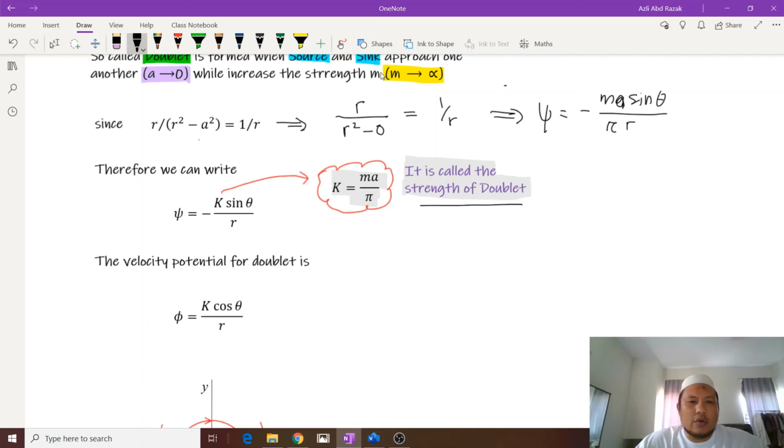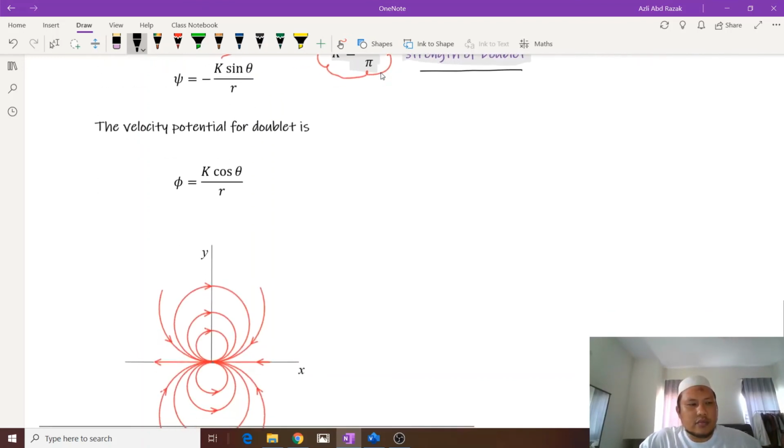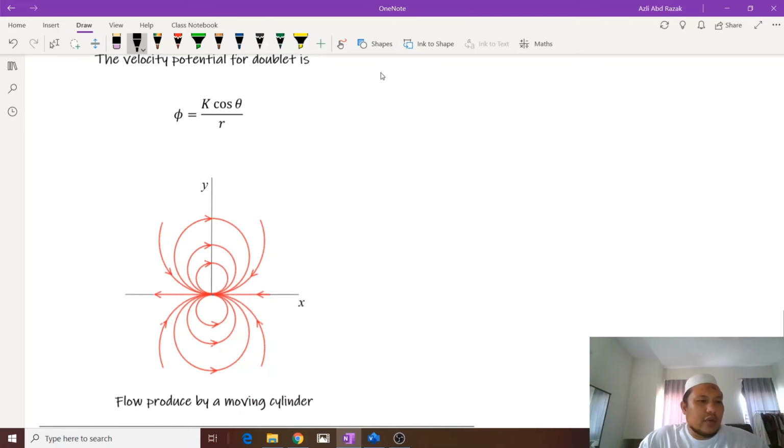All right. For the velocity potential for the doublet, we can write phi equal to k cos theta divided by r. When we plot the lines of constant psi, it reveals that the streamlines of the doublet are circles with the origin tangent to the x-axis, as shown in this figure.